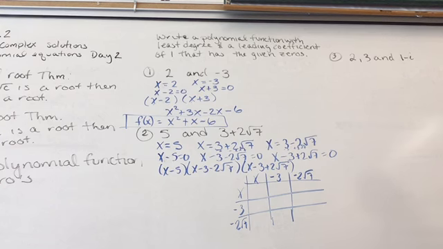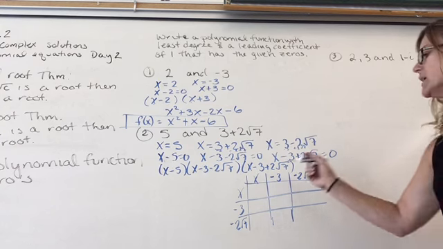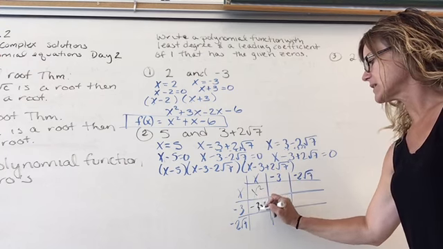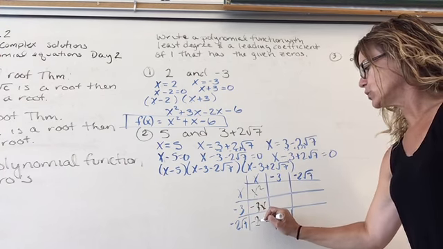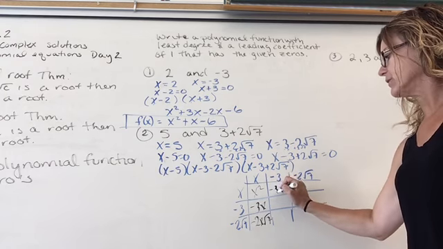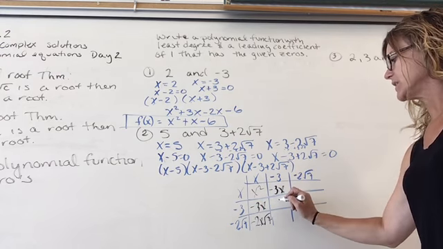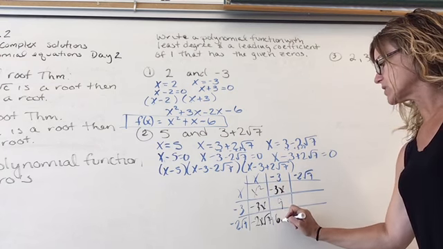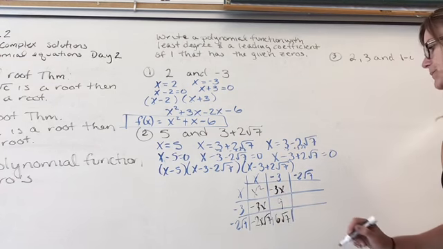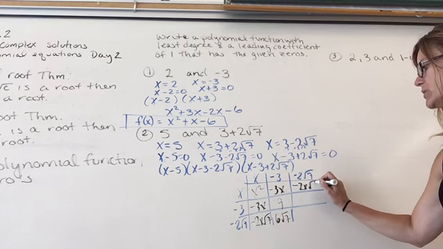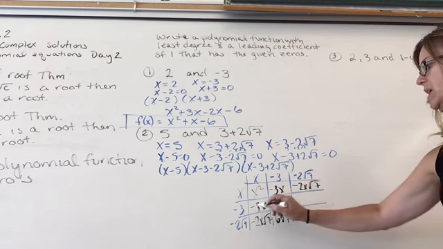We're going to use the box method to multiply those together. x times x is x squared. Negative 3 times x, that's negative 3x. Negative 2x square roots of 7. Here I get negative 3x. Negative 3 times negative 3 is 9. And then negative 2 times negative 3, that's 6 square roots of 7. And then the last one, that's negative 2x square roots of 7.